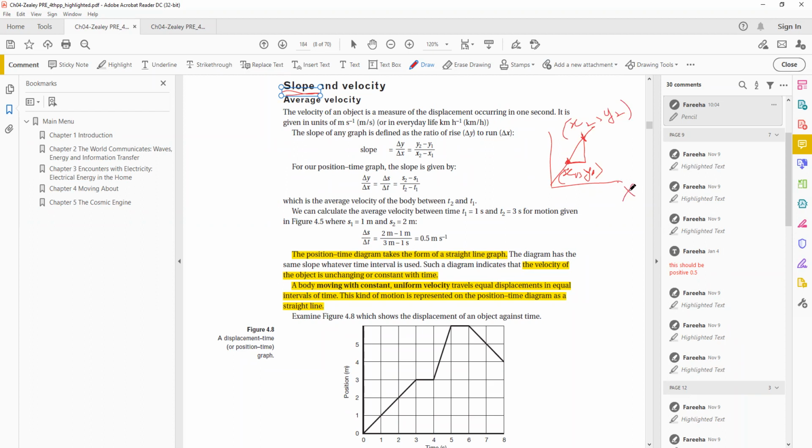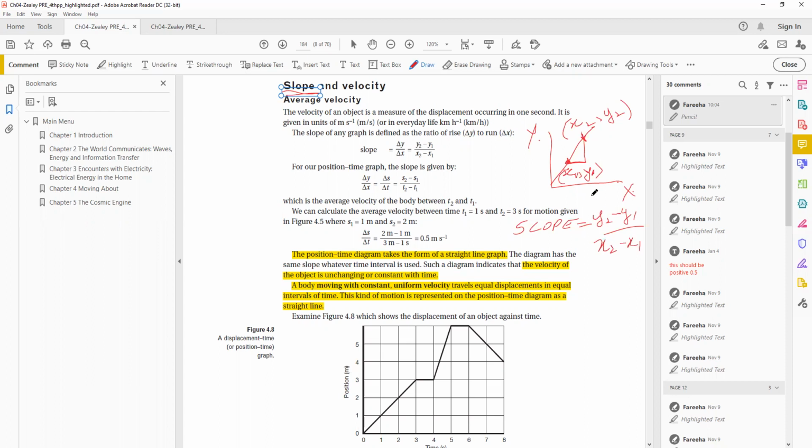This is the x-axis, this is the y-axis. So the slope is given by the vertical one, y2 minus y1, divided by the horizontal one, which is x2 minus x1.